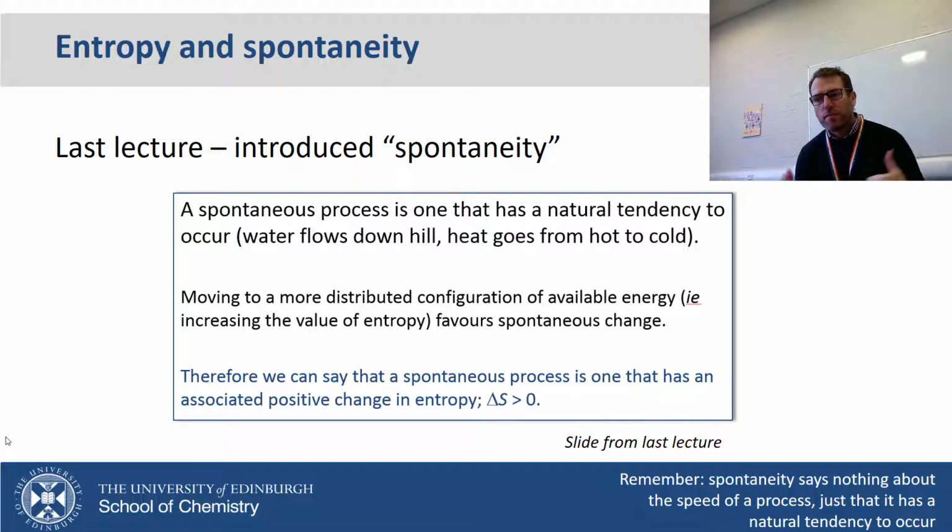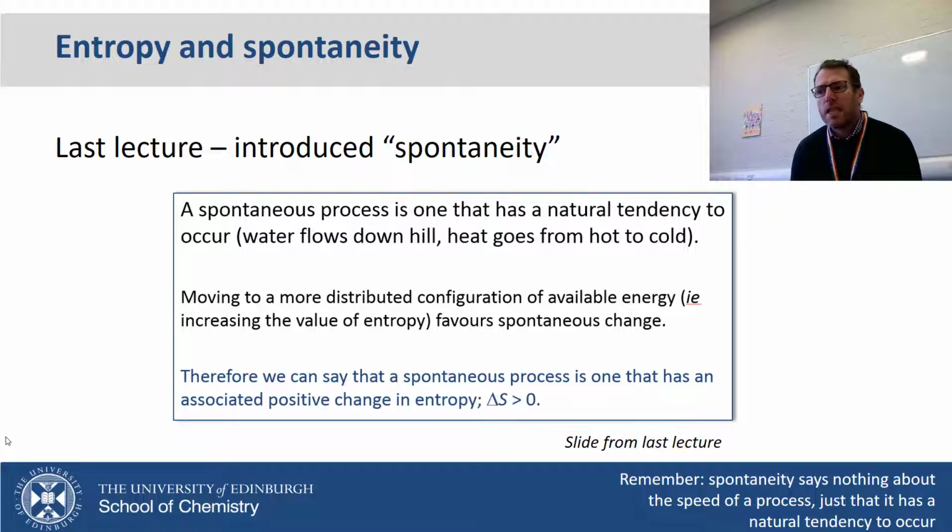So therefore, the extent to which energy can distribute will be quite small. Whereas when that molecule is in the gaseous state, it'll have lots more translational energy states available to it, for example. As a gas, it'll have more energy, so therefore that energy will be able to be distributed across many more states. So this idea of entropy is really about distribution of energy.